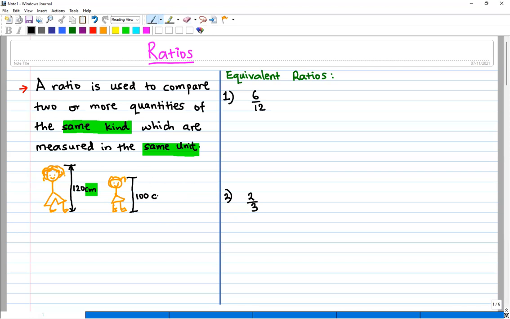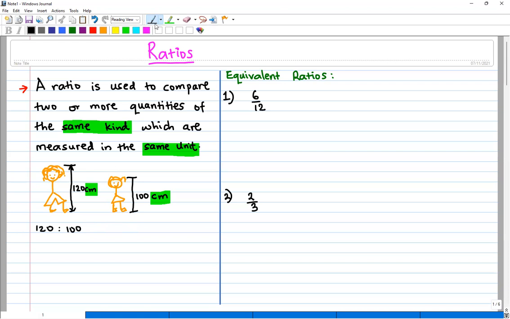Okay, now we can see that we have centimeters and centimeters. Now, to write this as a ratio, then we will say that we are having 120 to 100. We don't include the centimeters because a centimeter and a centimeter will give us 1.